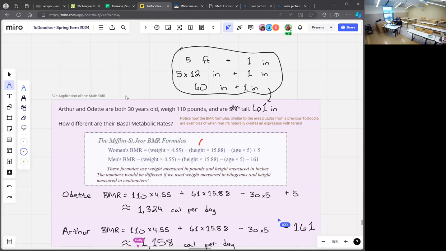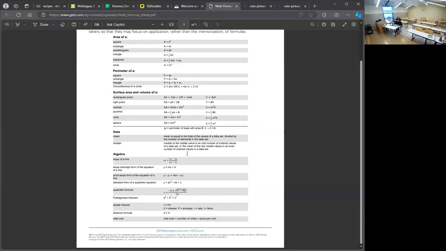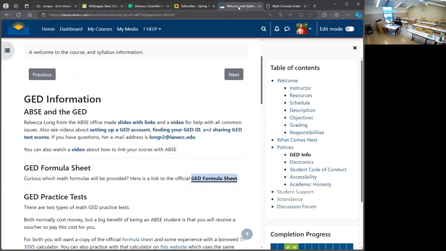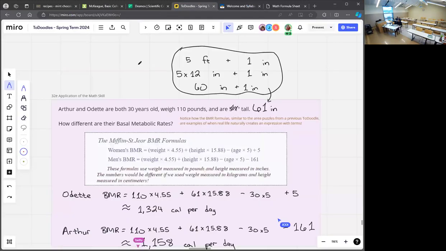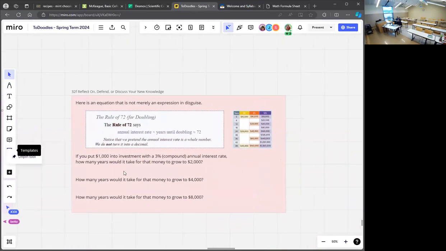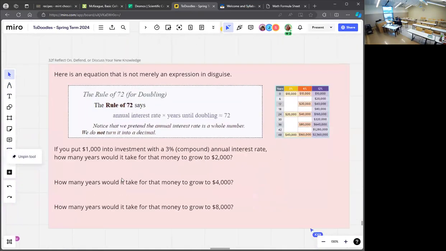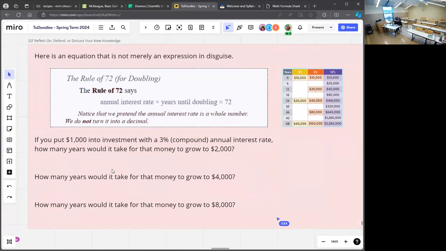But what you have to do isn't terribly obvious. On the formula, do they tell you that there's 12 inches in a foot? No, they don't. So you might have to remember that kind of stuff: 60 minutes in an hour, 12 inches in a foot, all those common ones we use day to day. When you get closer to the GED tests, ask your math teacher about that.